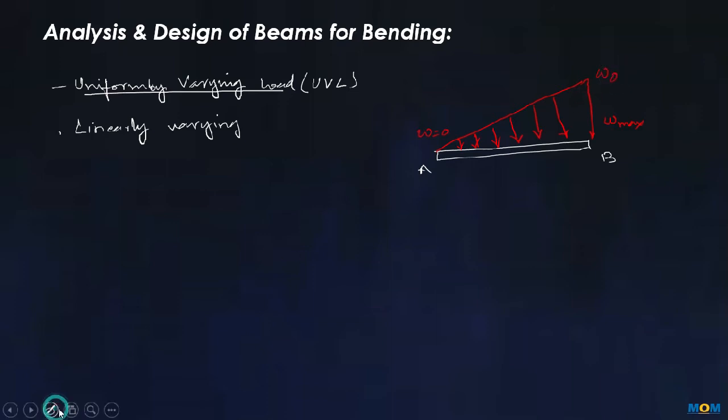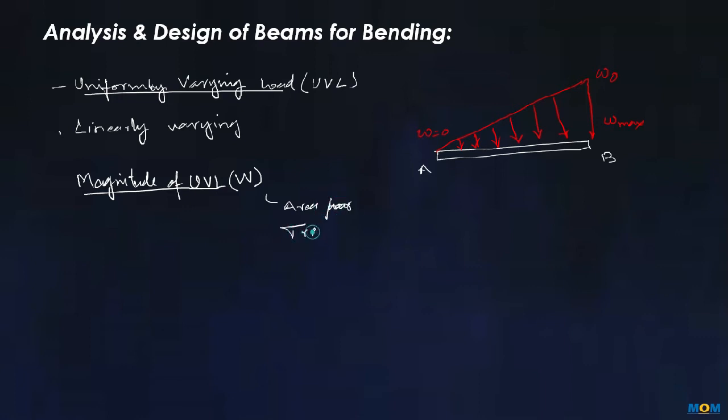Now to calculate the magnitude of uniformly varying load, again denoted with sign W, capital W. Now this would be a typical case for the triangle. The area for triangle, that is half BH.